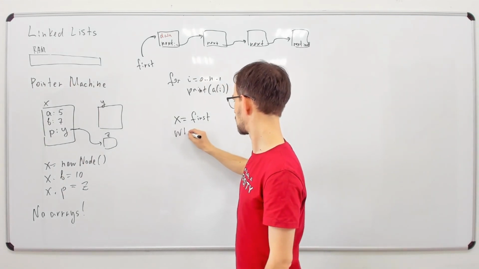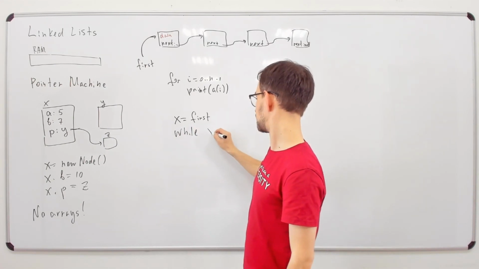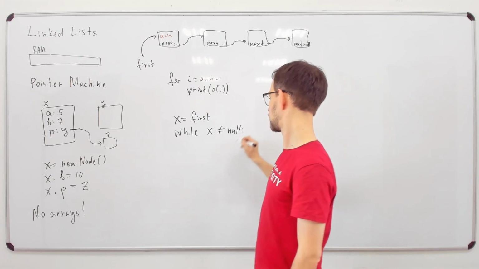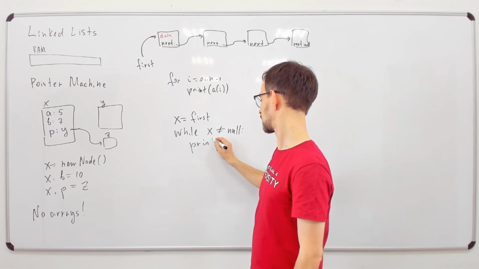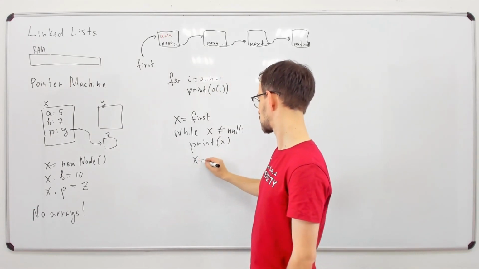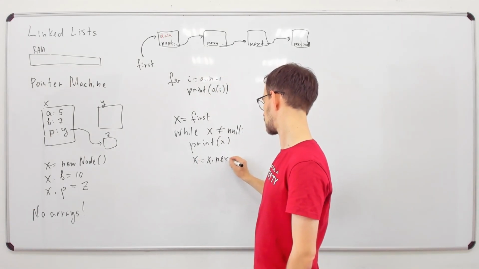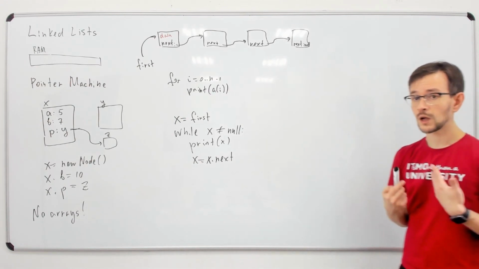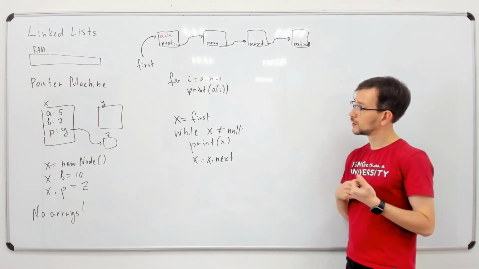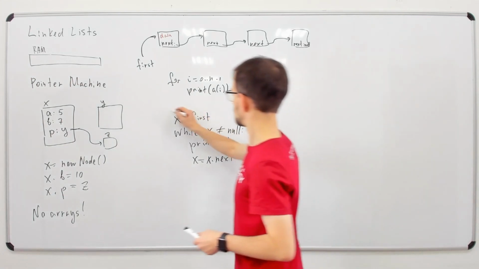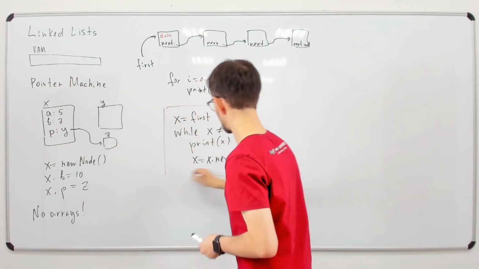So while x is not equal to null, we just print element x and then jump to the next element. Something like that. That's all. That's how you iterate over all elements of the linked list.